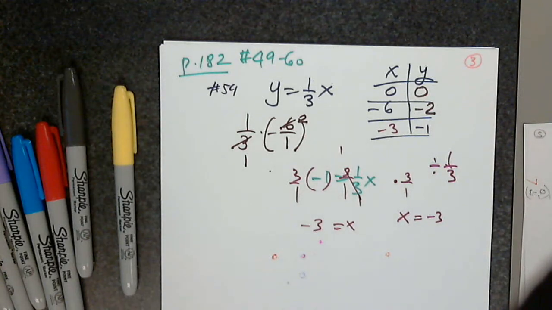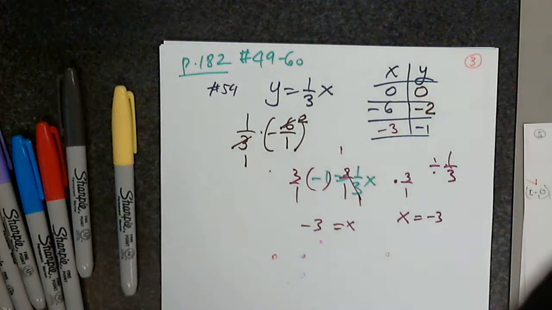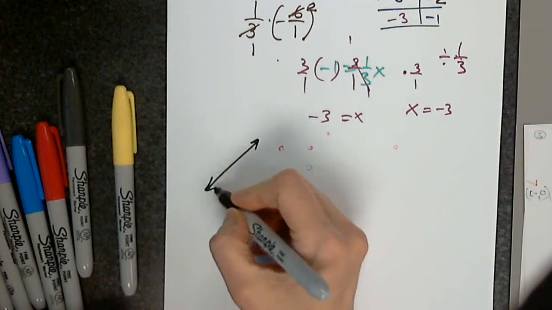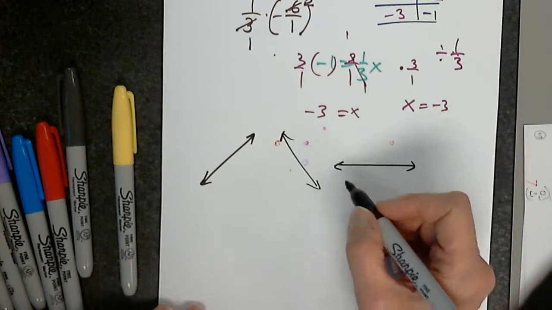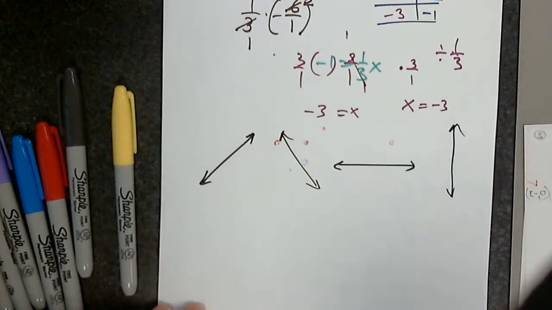Either like this, or like this, or like this, or like this. 4 different types of lines. So this is one, this is the other, this is the third type, and this is the fourth type.